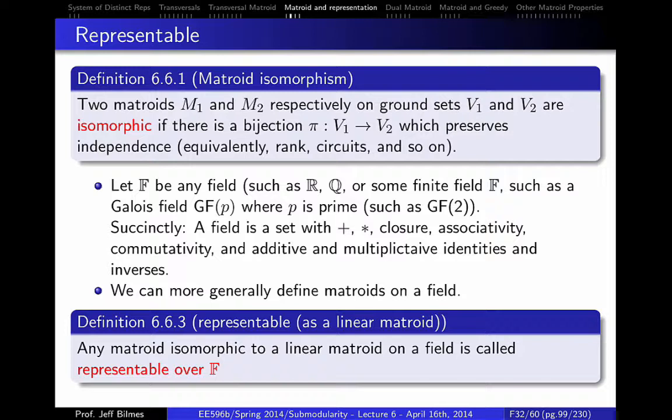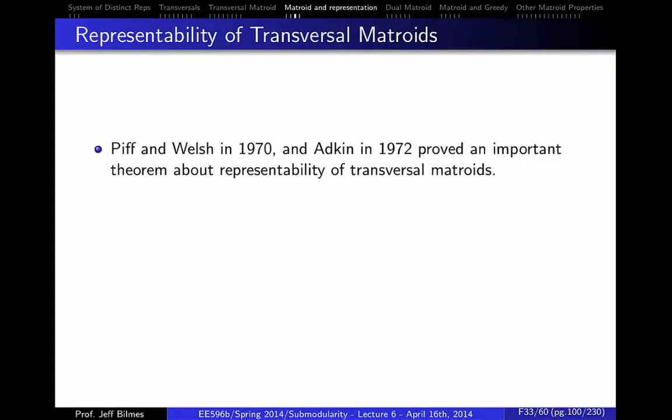But on the other hand, maybe you have some other reason to think that not all matroids are representable. Well, think about that. There have been theorems, for example, about transversal matroids.